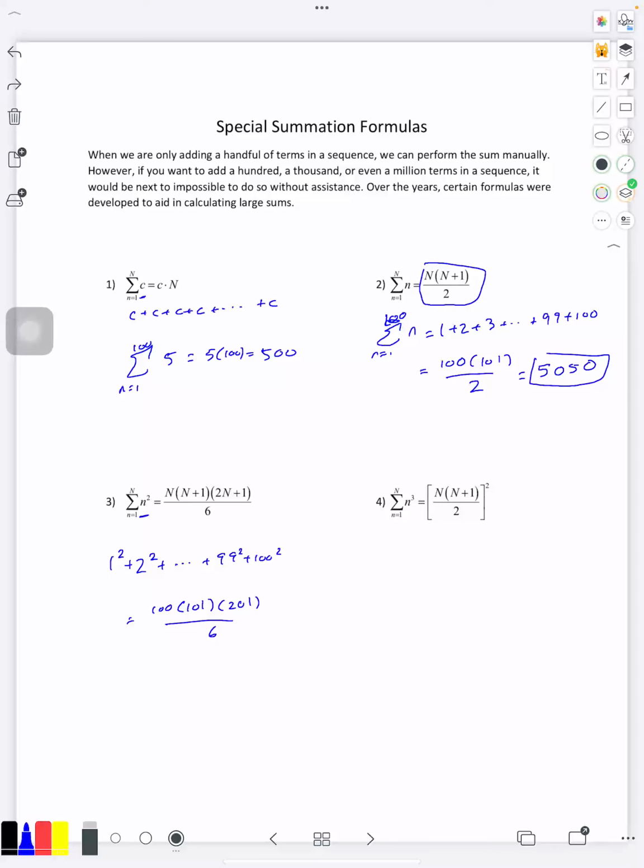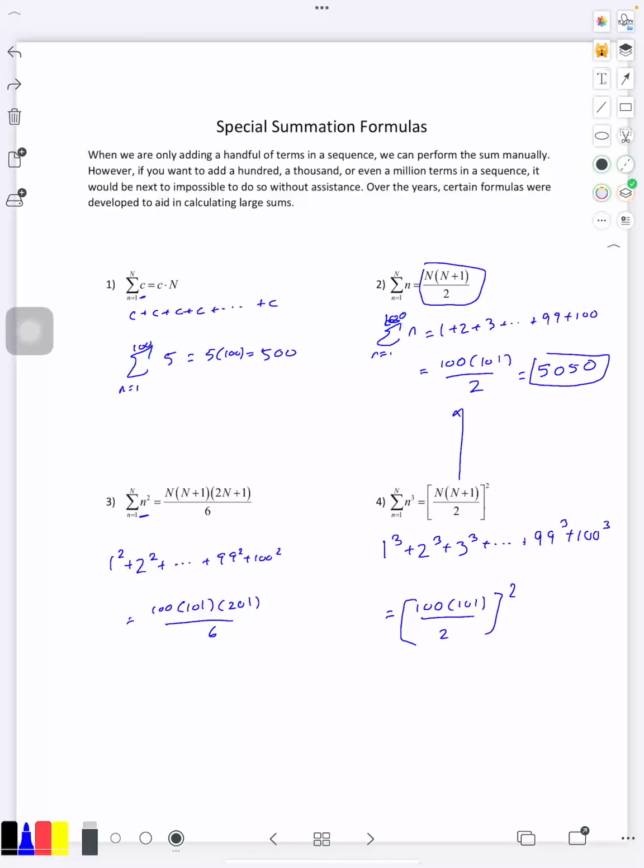And lastly, if you add up the perfect cubed numbers, 1 cubed, 2 cubed, 3 cubed, and so on, up to 100 cubed, well, this one gives a very similar formula to the previous one. It's going to be 100 times 101 over 2, and then you square the answer.